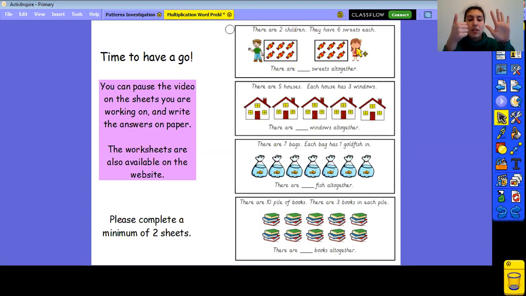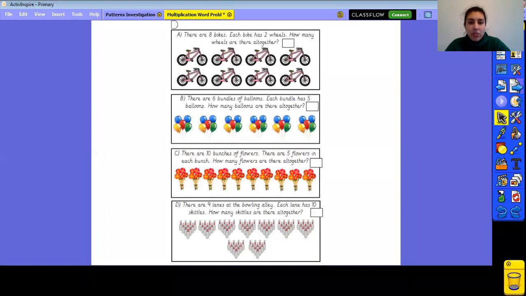So we get our 6, 2, 4, 6, 8, 10, 12. The semicircle sheet is just a box there for you to write your total in, but you do still have the representations to help you.